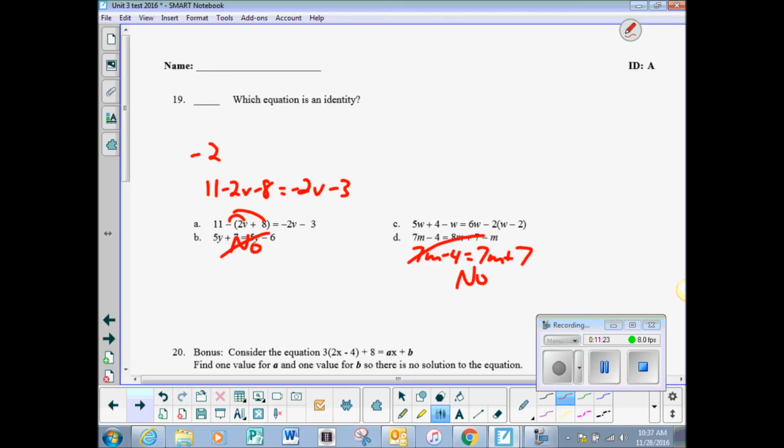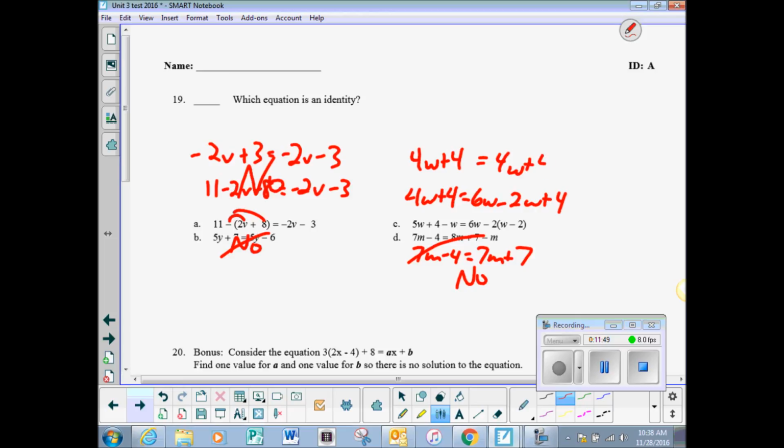So I get negative 2v plus 3 equals negative 2v minus 3. That's a no solution. So the one that is infinite solutions, 4w plus 4 equals 6w minus 2w plus 4. When I simplify that, I get 4w plus 4 equals 4w plus 4. That's an identity. That's C.